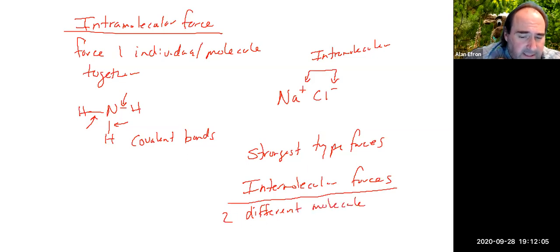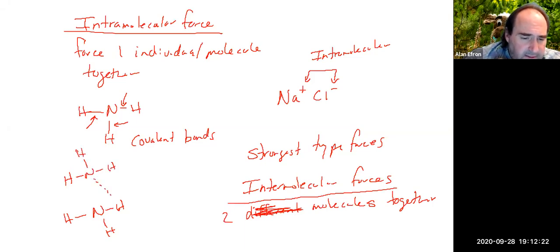I won't say different, because it can't be the same. So that's what happens when you get, say, two NH3 molecules coming together. It is the bond that holds this entire molecule together with another entire molecule. So that's an intermolecular force.